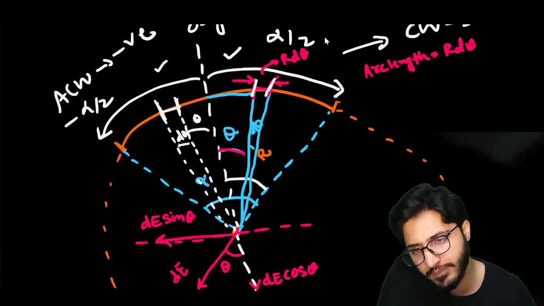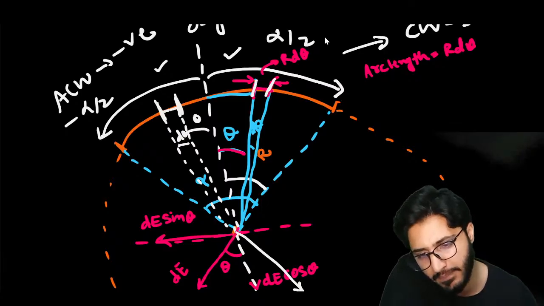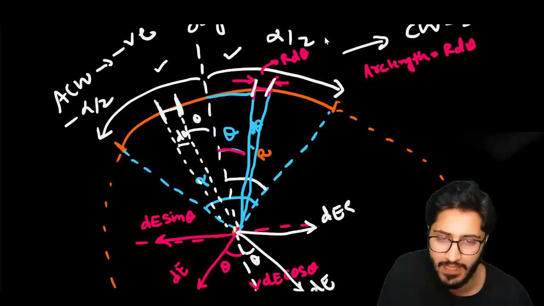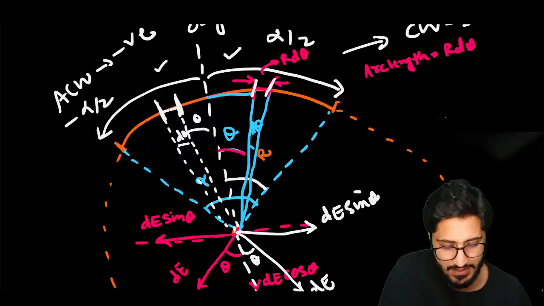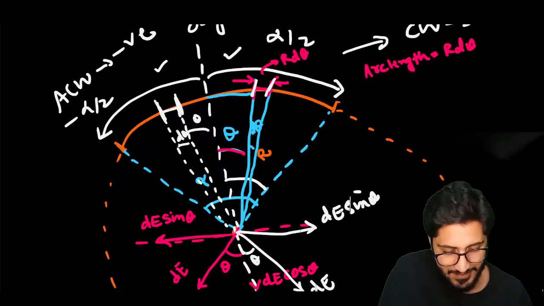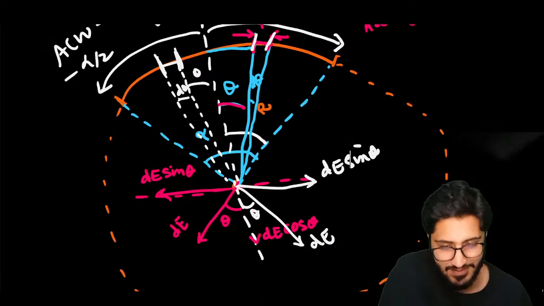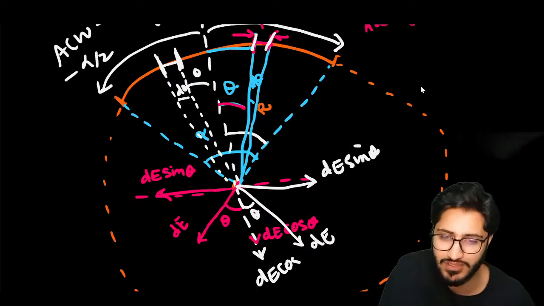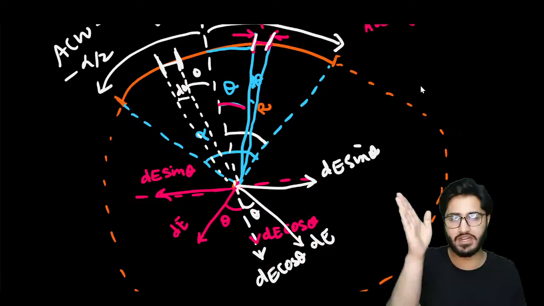This particular length will also apply some electric field here. This is theta, so this would be dE sin theta, and this would be dE cos theta. These are symmetrical to each other.